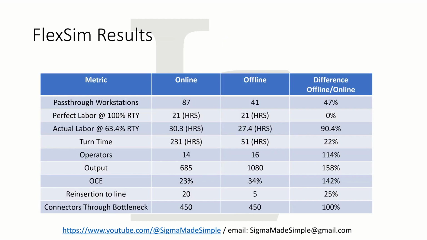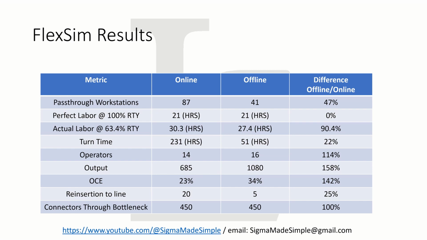So here you can see the impact of online rework loops versus a recovery area. In this case, the recovery workstation reduced the pass-through workstations to 47% of what online would have been. The perfect time in the first row is still 21 hours. There's no change there.